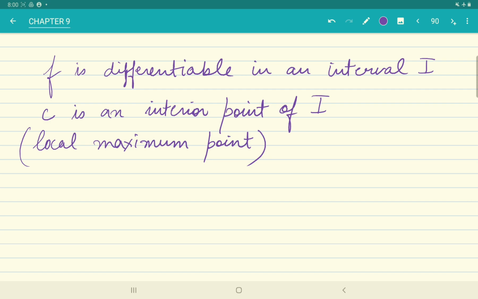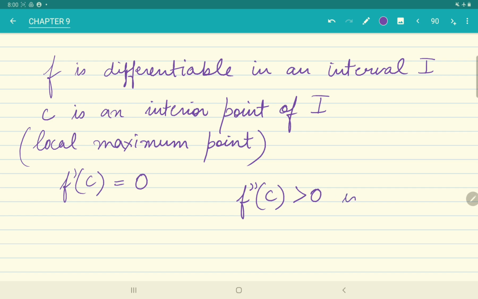Then obviously if it's a local maximum point, that means it's a stationary point, it's an interior point of I, and the function is differentiable in that interval. So obviously f prime c is equal to 0. Also we know that I just cannot have f double prime c greater than 0.